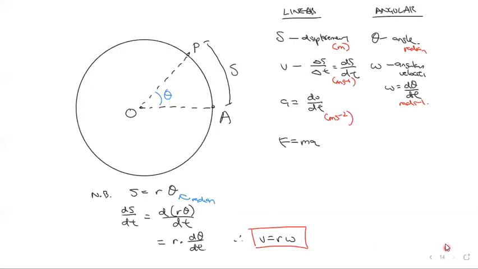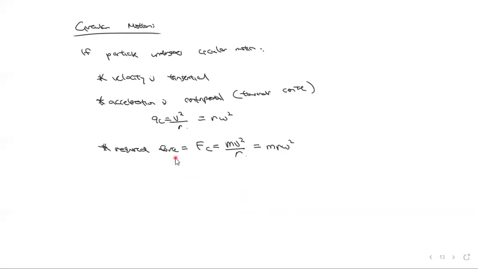So when it comes to circular motion, the fundamental key concept is this: if something's undergoing circular motion, it's got to experience an acceleration equal to the central acceleration with this magnitude, which means the net force on that particle must be no more or less than the centripetal force required, which is mv squared over r or mr omega squared.